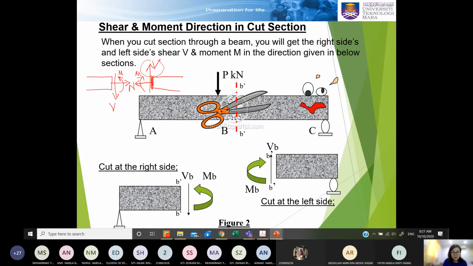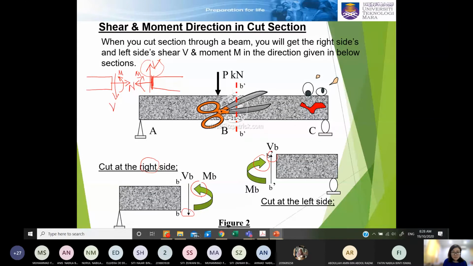If you can see, the shear is going down when you cut the right section, right side, and the moment is always going up, either counterclockwise or clockwise. So make sure you have applied this positive sign. But why is there no axial force here?